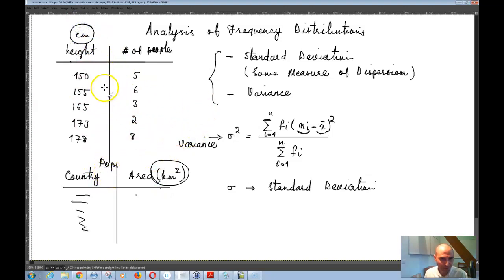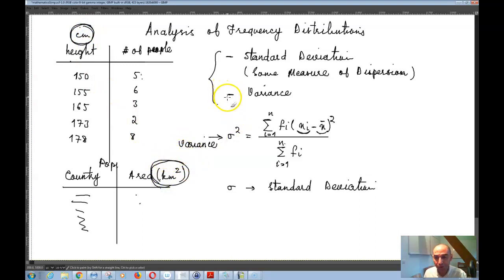Now suppose that I calculated the variance for this data, and I calculate the variance for this data. So over here the unit is centimeter, over here the unit is square kilometer.